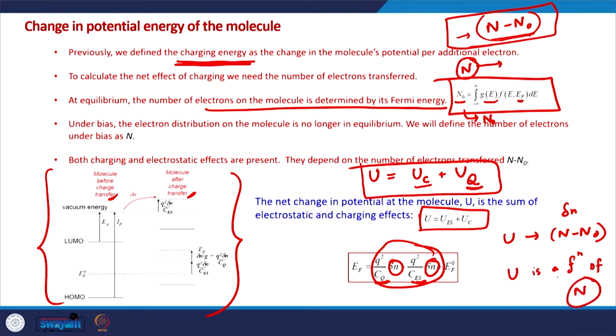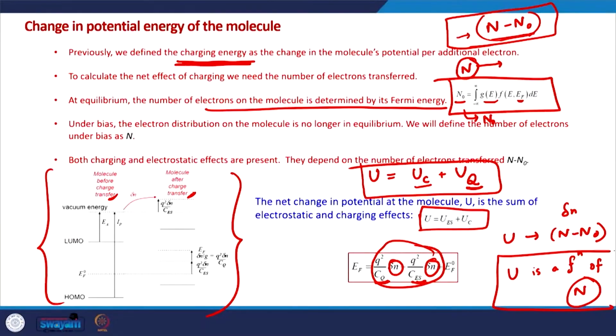N is the steady state number of electrons on the quantum dot when a drain voltage is applied, when there is a bias across the quantum dot device. Please keep this in mind, that the potential energy of the quantum dot is a function of the steady state number of electrons on the quantum dot.